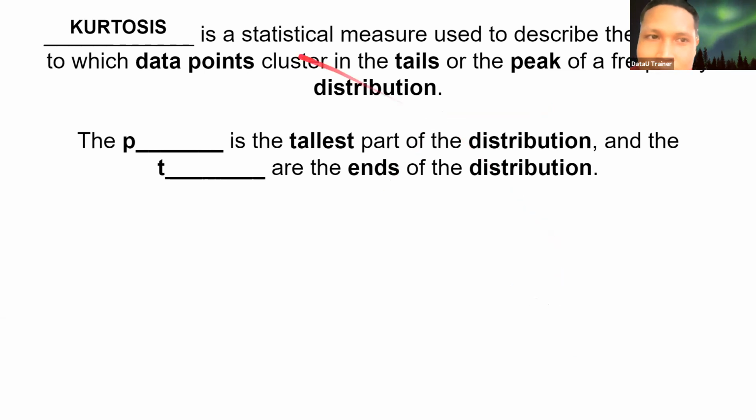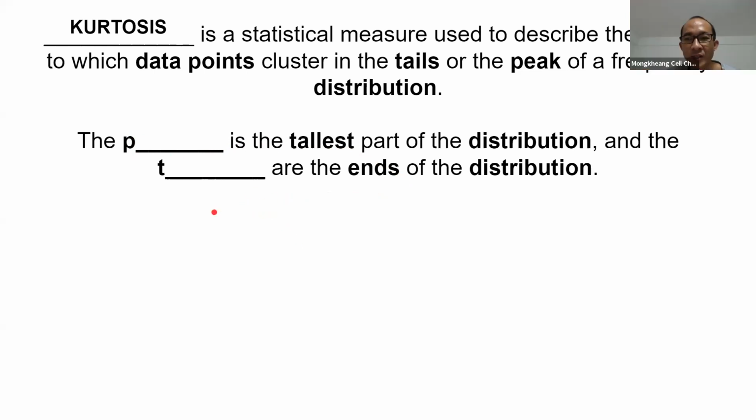Okay, so kurtosis, that's the definition, but what is the tallest part? And what is the ends? So we have the first letter. So you mean these two are known as kurtosis? Yeah, they are features of kurtosis.